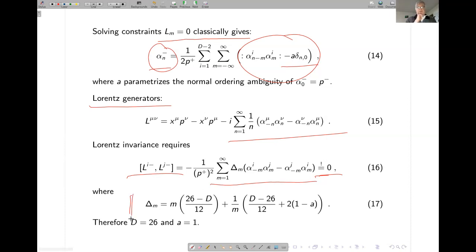And now if you look at these coefficients, you realize if you want to have Lorentz invariance, these coefficients must be 0 for all possible values of m, but the only way this can happen is if d equals 26 and a equals 1 independently. So that's how you can derive these results in a direct, but slightly painful way if you do the computation.